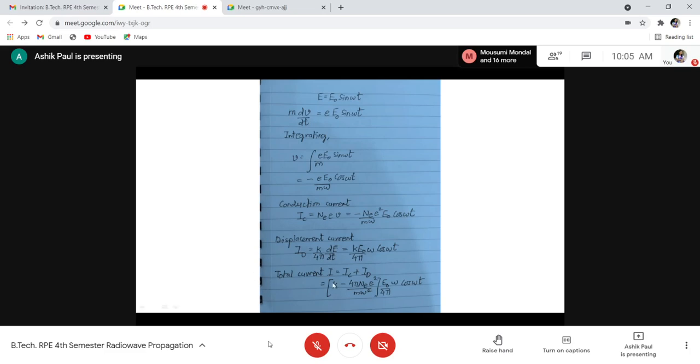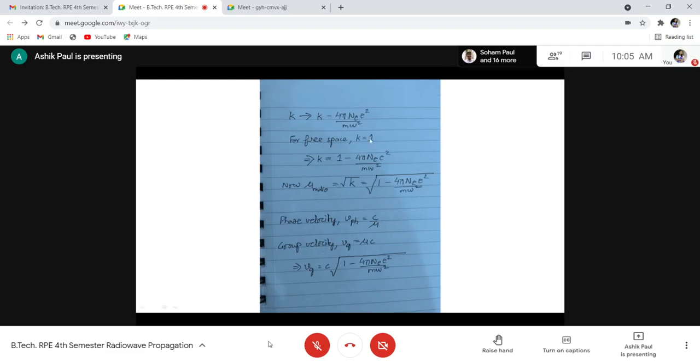That means the effect of these electrons or ionization, as well as this fluctuating electric field, is to reduce the dielectric constant from a value of K. Okay, over here, as you can see, from K it decreases to K minus 4 pi Ne into E square by M omega square. Okay.